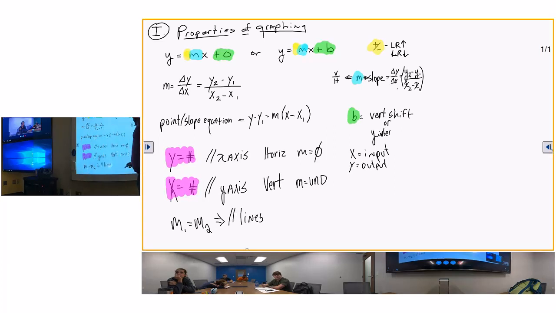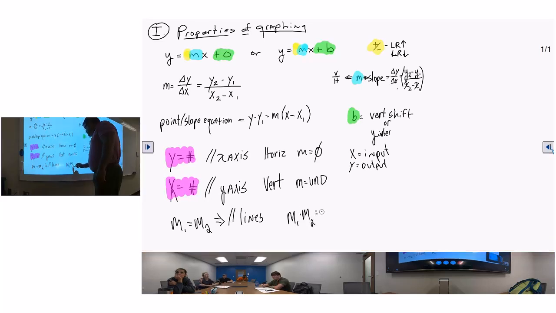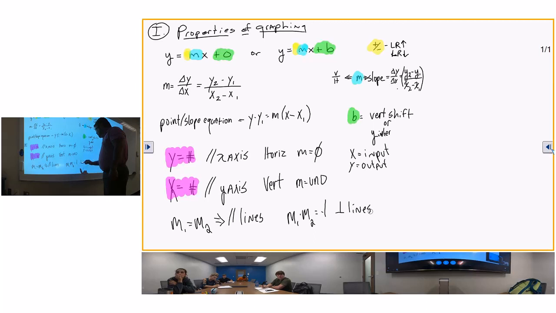If m sub 1 times m sub 2 is equal to -1, that means you have perpendicular lines. That's supposed to be a -1.